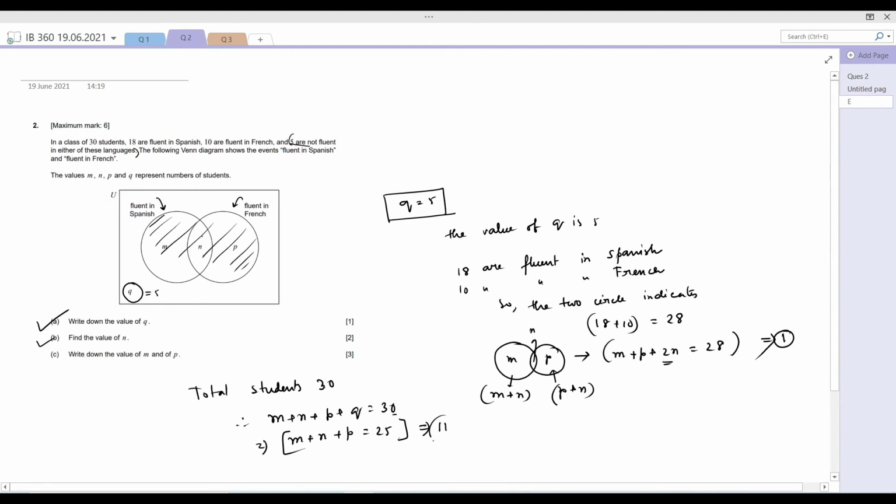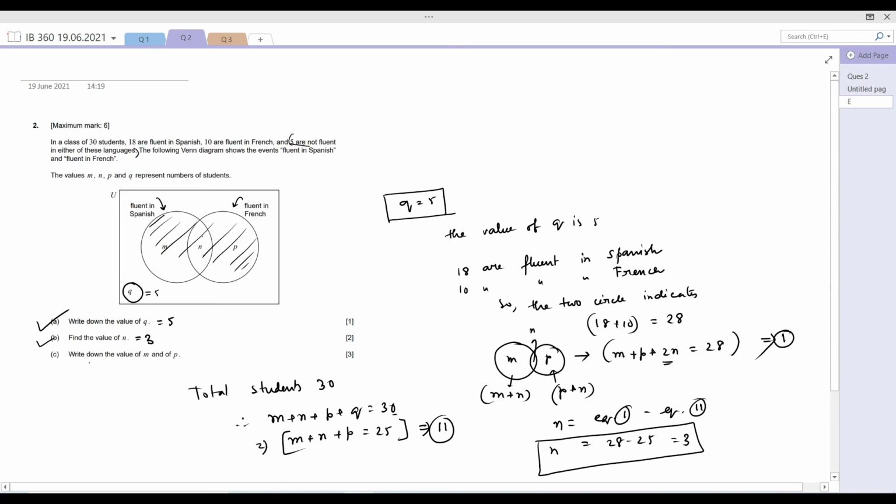So we get N as equation 1 minus equation 2, which is 28 minus 25 equals 3. So the value of N is 3. The Q value is 5.